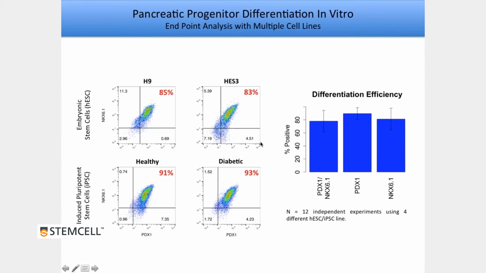This bar graph shows the average across 4 independent differentiation experiments using these 4 different lines. We get an average of about 80% PDX1 NKX6.1 positive cells, and the variability within the protocol is fairly low. So that's great. We can produce these cells reproducibly and efficiently on different lines.